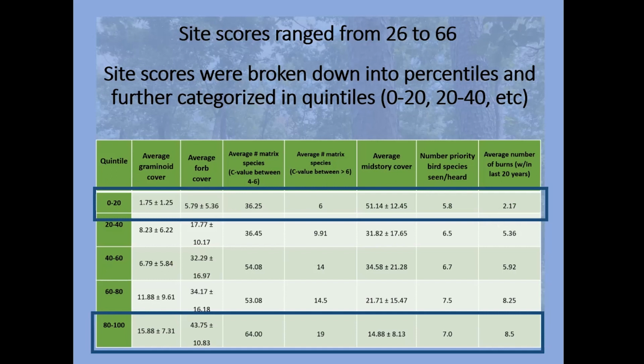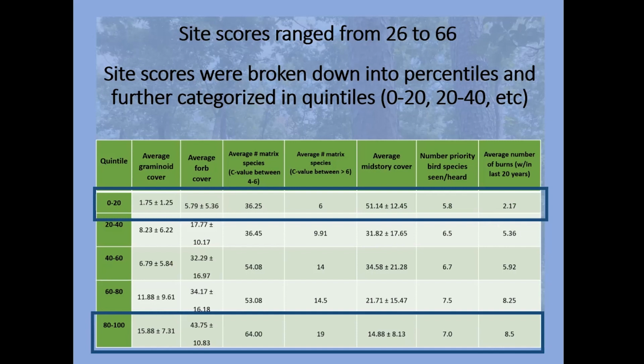So these are your matrix species, and these are the conservative species, which significantly increased from these lower scoring sites. So they almost doubled in the higher scoring sites. So it makes sense. It's just nice to see that validation.